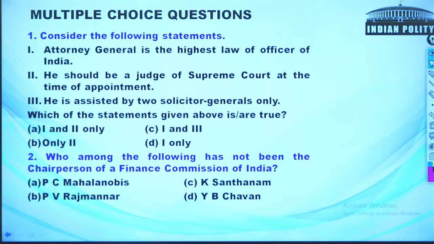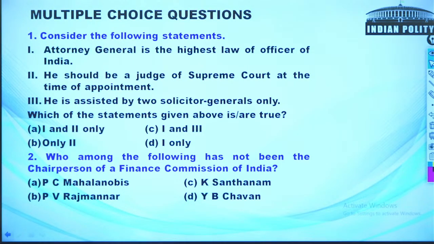First of all, let me tell you that the Attorney General is a constitutional office under Article 76 of the Constitution. Yes, he is the highest law officer of India. The second statement is that he should be a judge of the Supreme Court. No, it is wrong, because the Attorney General is not a judge of the Supreme Court. Rather, he should have the qualification to be appointed as a judge of the Supreme Court.